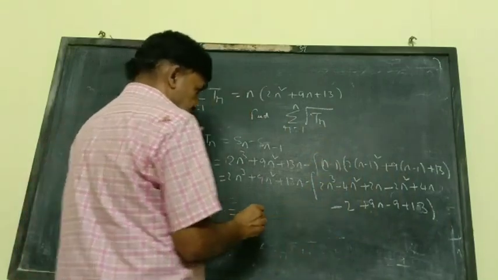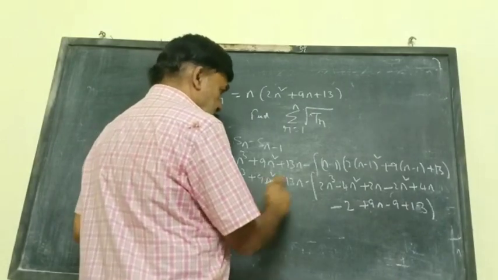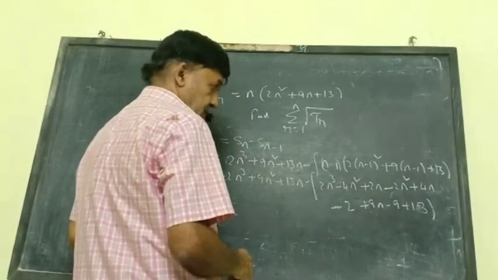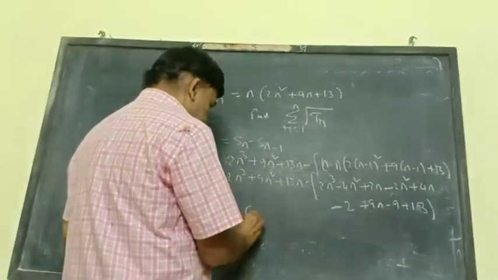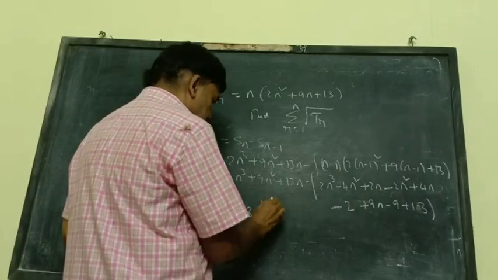So what are the n squares? 9n square minus 4n square minus 2n square, so I think you will get 3n square.